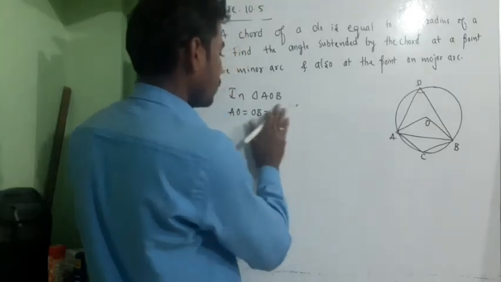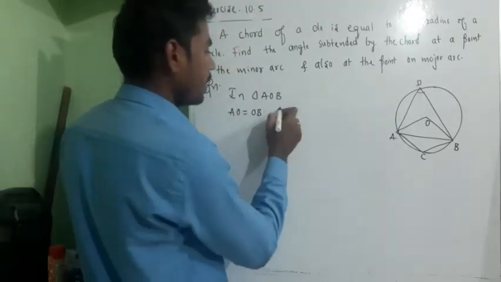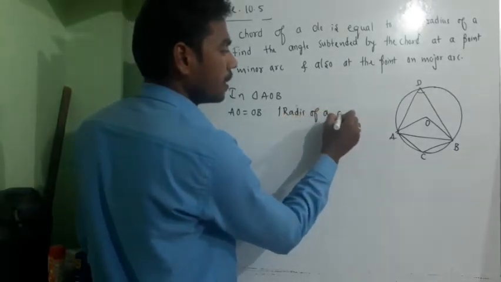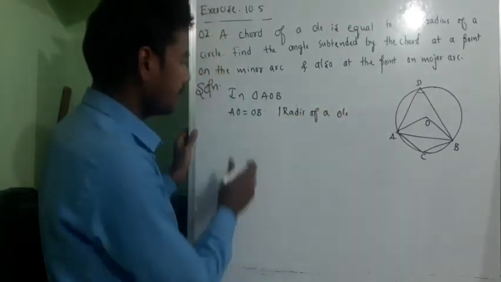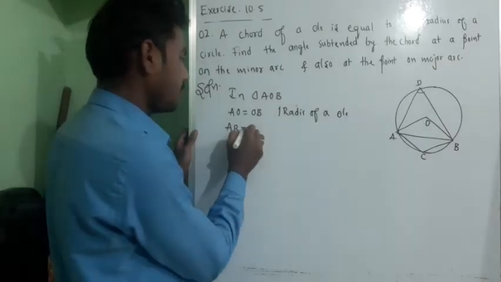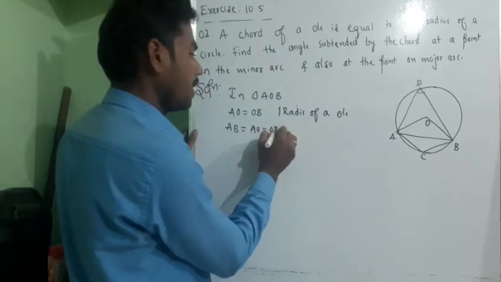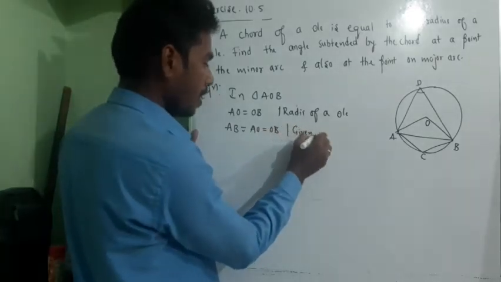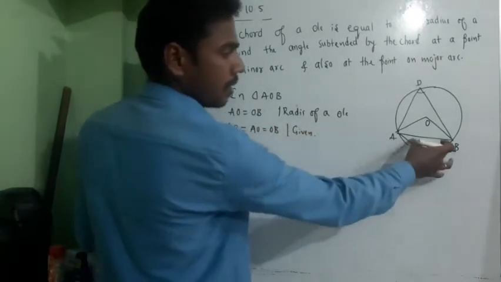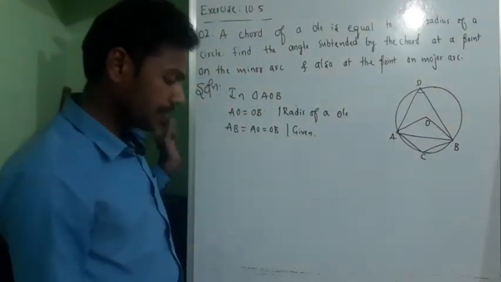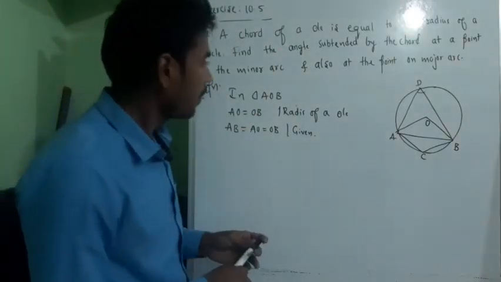One more thing, AO and OB are the radii of the circle, and AB is equal to AO is equal to OB. It is given because the chord of the circle is equal to the radius of the circle. Now what can we do?